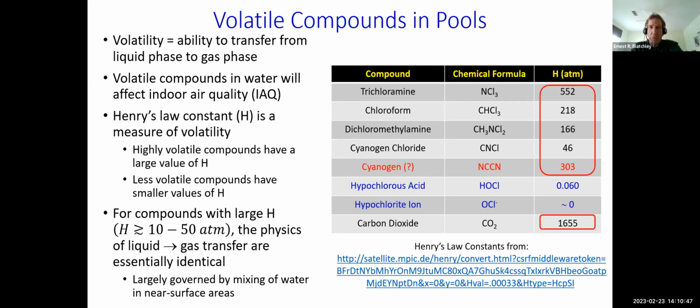One other attribute of these compounds that have relatively large Henry's law constants, or that are relatively volatile, is that their transfer is going to be governed by mixing of water near the air-water interface. Practically, that means that anything that we do in a swimming pool that promotes mixing of water close to the air-water interface is going to promote transfer of these compounds from the liquid phase to the gas phase, and therefore that will affect indoor air quality.